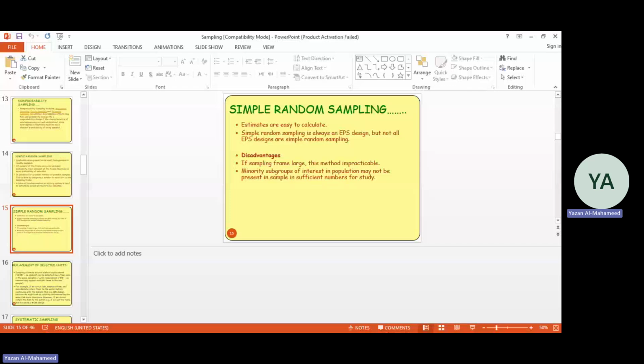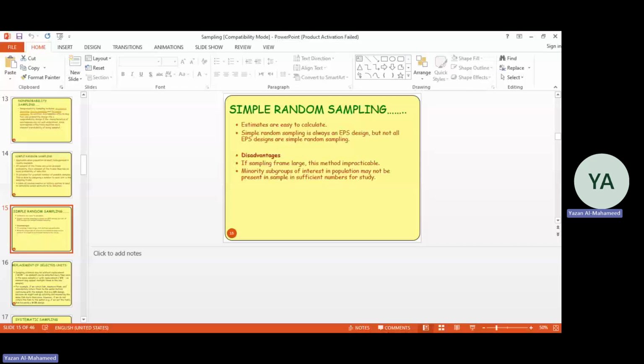This type has an advantage over non-probability sampling, that every single unit in the population has an equal chance to be selected. So this type of sampling is more objective, and it excludes the premise of bias or subjectivity when choosing the sample of the study.